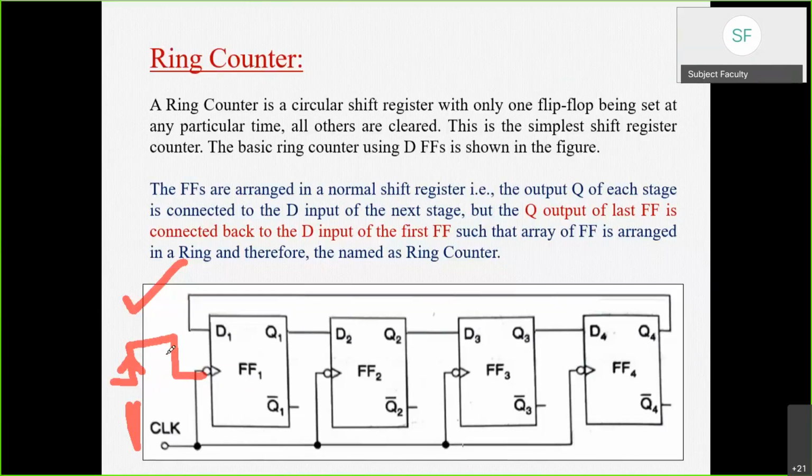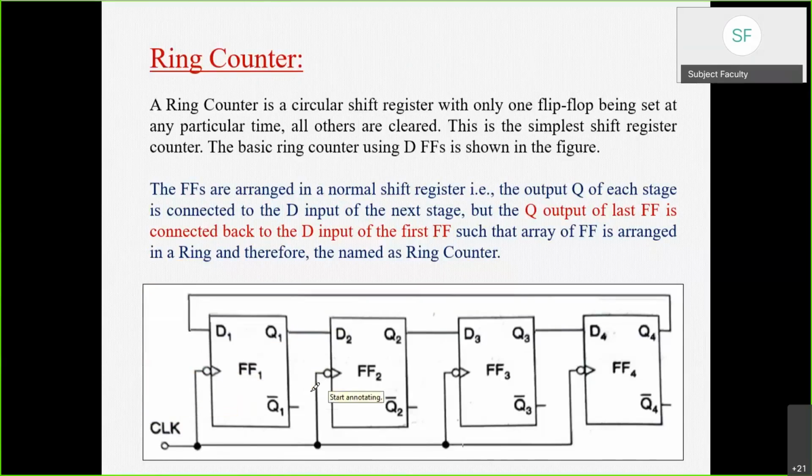And if you are using negative edge trigger, the output of the flip-flop will change at this moment. Otherwise there is nothing different. So don't get confused. Here we have used negative edge trigger. You can use positive edge trigger here as well. Just note that your output will change at the positive edge, and nothing else will be different. It will be the same.